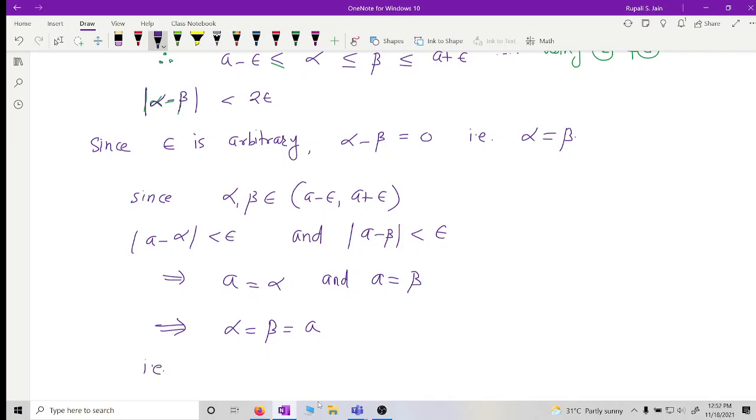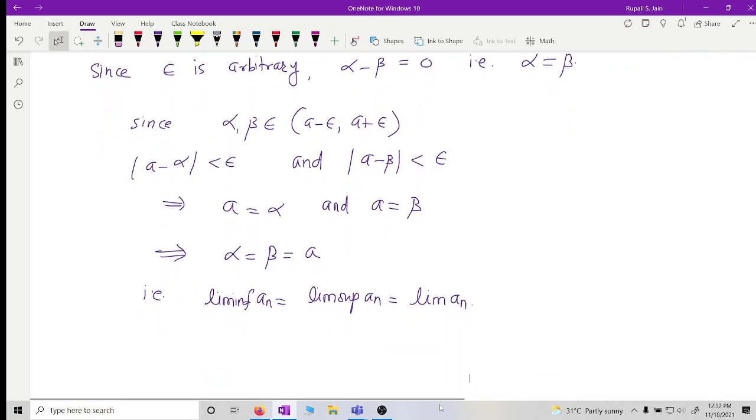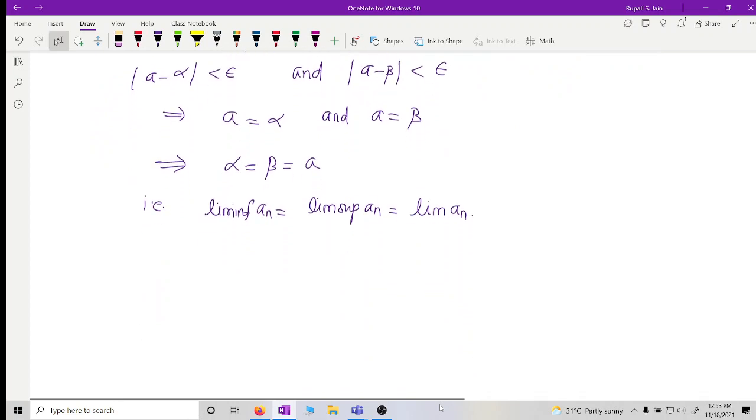That is, liminf of a_n is equal to limsup of a_n is equal to limit of a_n. That only we want to prove. Is that okay? Yes, ma'am.